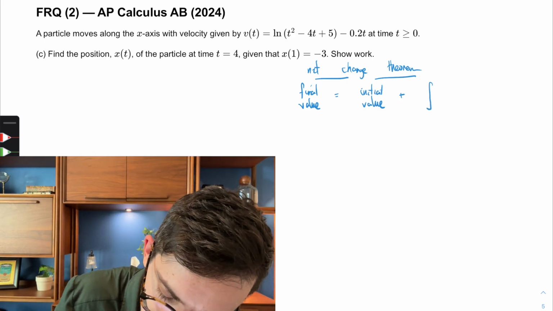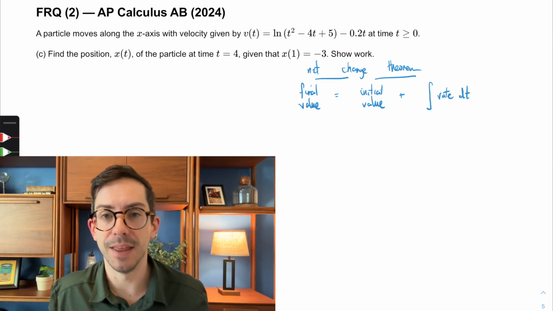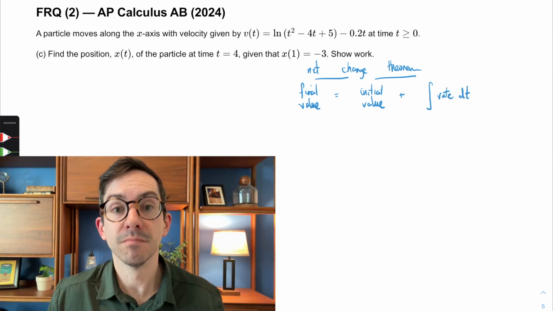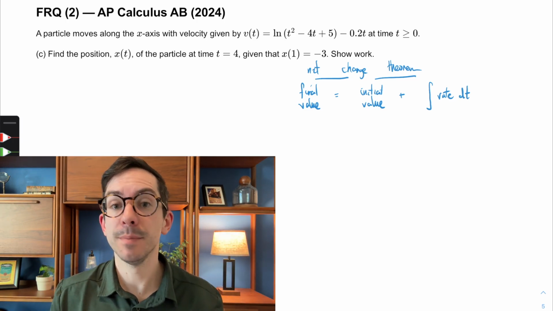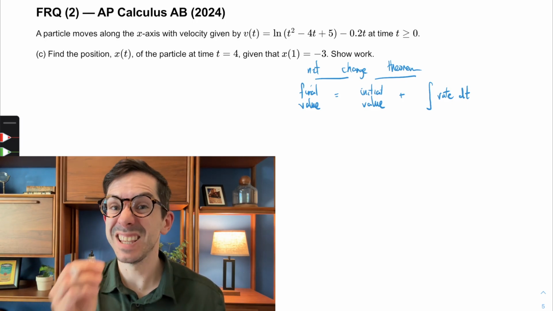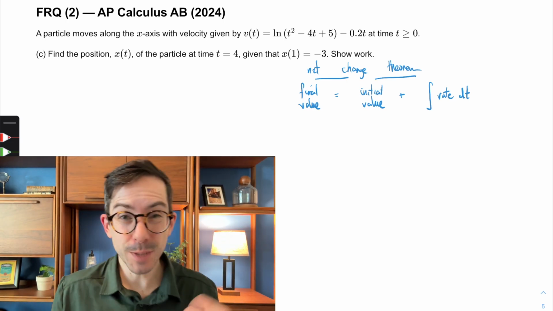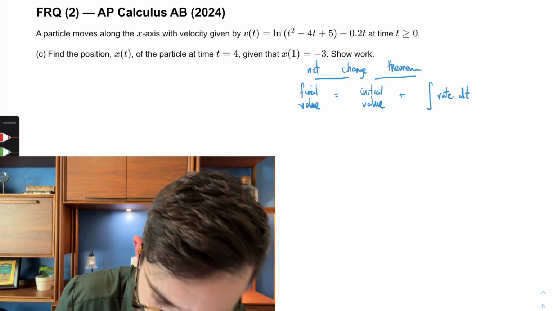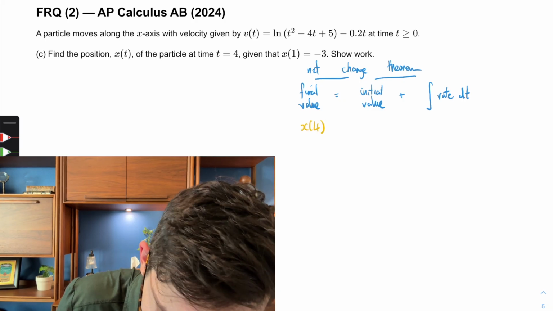So the net change theorem says to figure out that net change, I need to take the integral of a rate. So the final value of my quantity, my position, is going to be my initial value, my initial position, plus the integral of my rate, the integral of my velocity. So let's pin down exactly what we are seeing here. My final position is going to be x of 4.